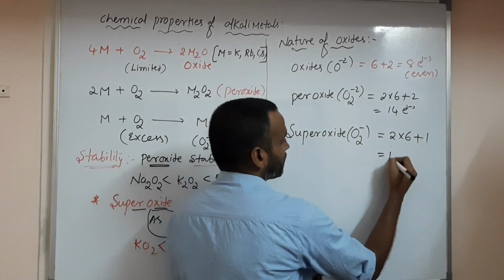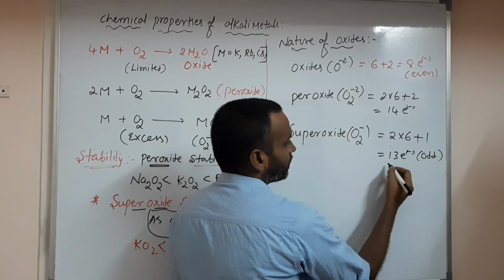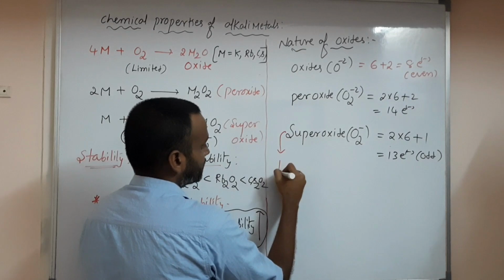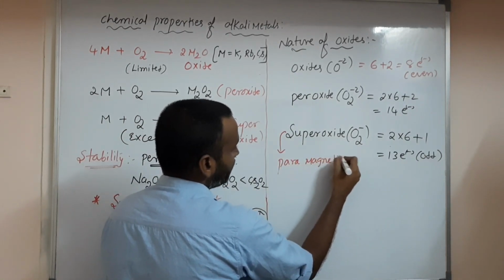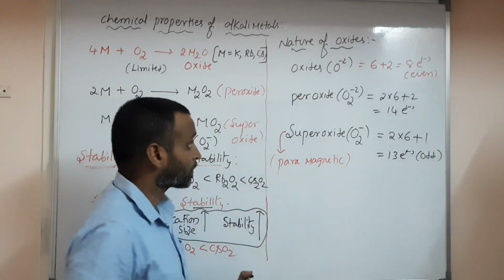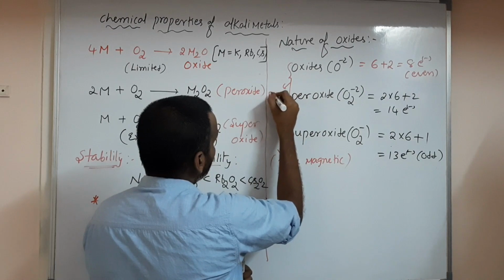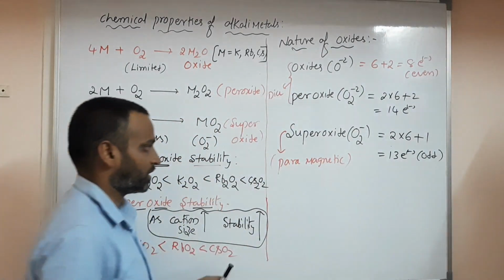So total how many electrons? 13 electrons. Is 13 even or odd? Odd. That means superoxide is paramagnetic in nature, while oxide and peroxide are diamagnetic. This is very, very important.